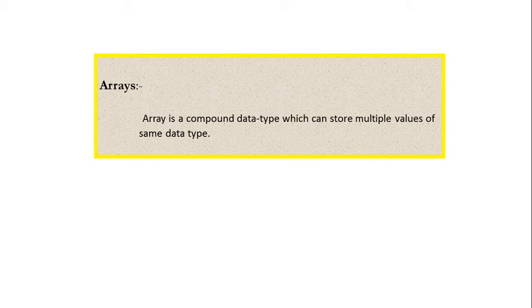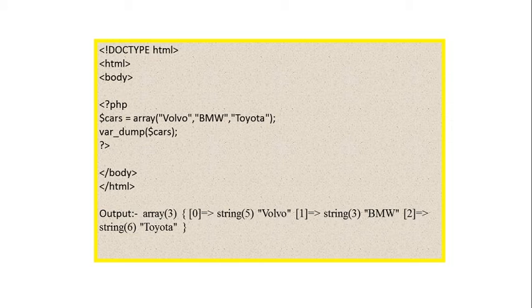Next one is array. Array is a compound data type which can store multiple values of same data type. Let's see one example. Here in PHP code I have declared one variable $cars. $cars is equal to array of BMW, Toyota and Volvo.